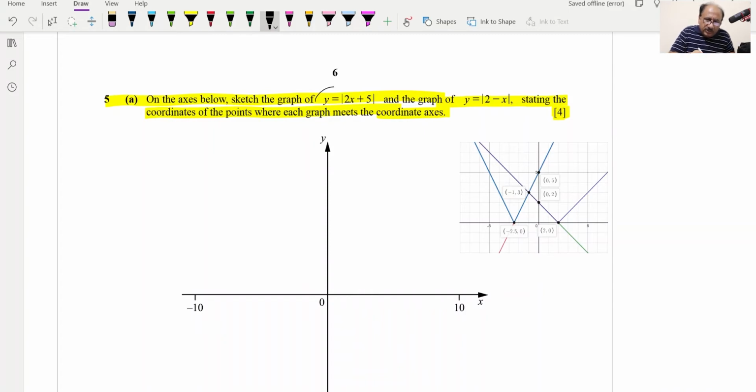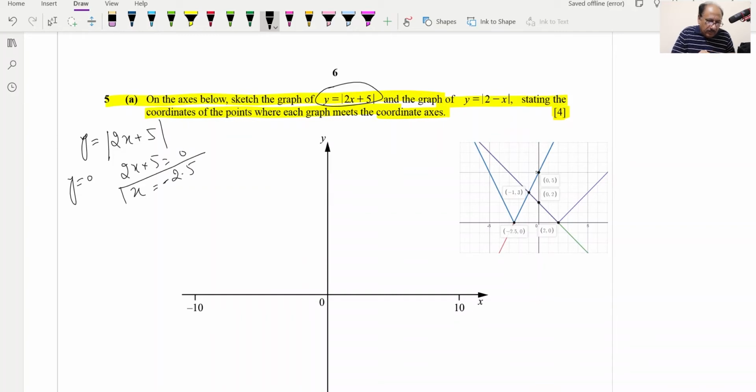Our one equation is y is equal to mod of 2x plus 5, and when y is equal to 0, we can replace it, so 2x plus 5 will be equal to 0, so x will be equal to minus 5 by 2, or we can write minus 2.5.